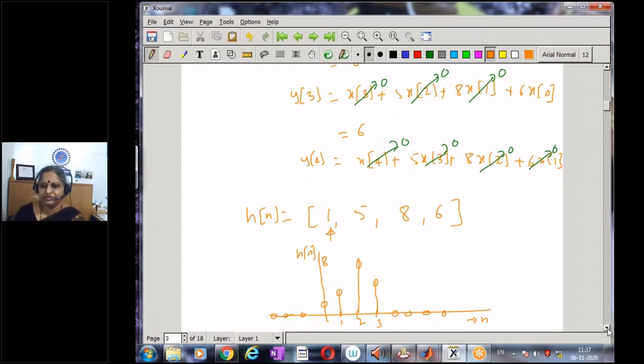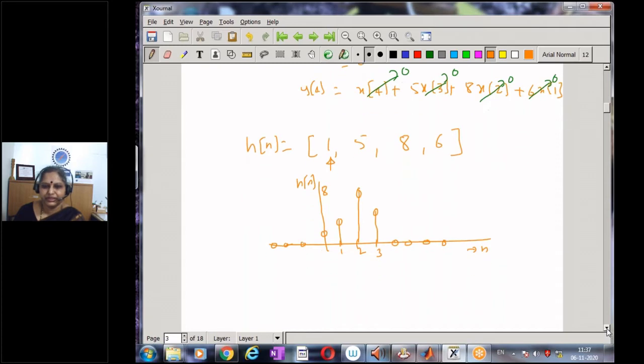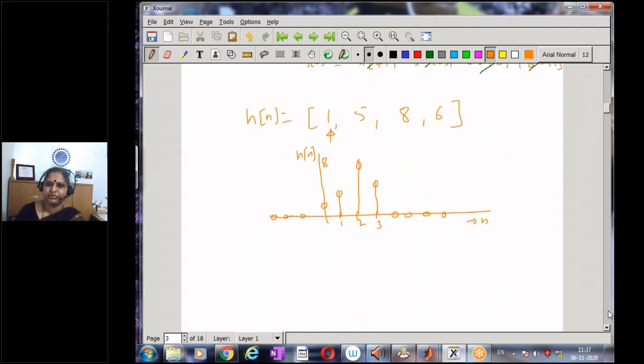Now, what is the observation we have? By looking at the impulse response, we can arrive at the system properties.